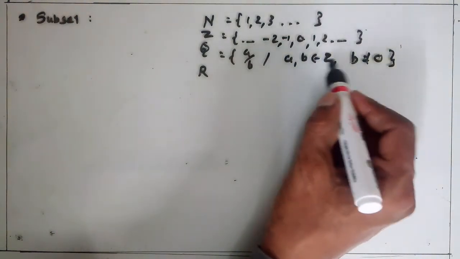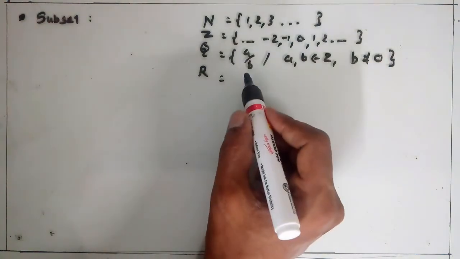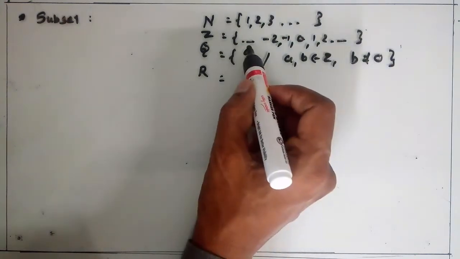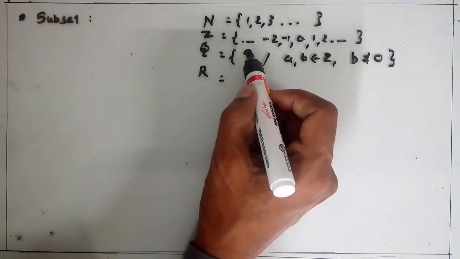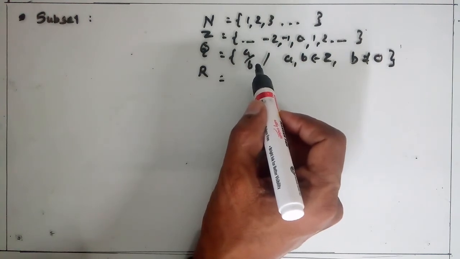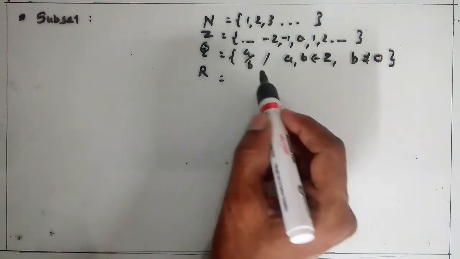Here we think a, b belong to Z and b never becomes 0. Clear? Generally we always take a negative or positive or 0, but b we always take in natural form, that is, in positive natural form. Clear?